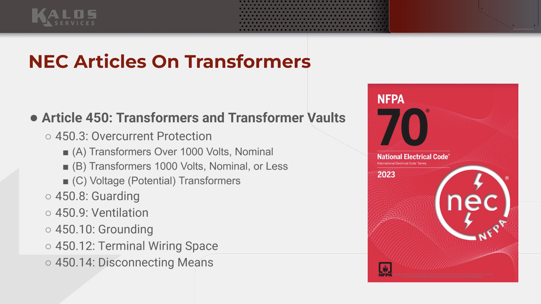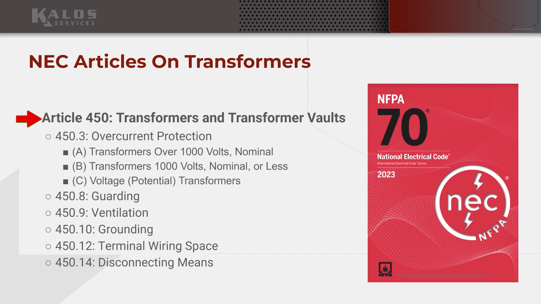Anyone who's in the electrical industry doing electrical installations inside buildings should have a copy of the National Electrical Code. It's not an installation manual at all, but it does provide the codes, the rules, if you will, for installations of various systems. For transformers, that is covered under Article 450.